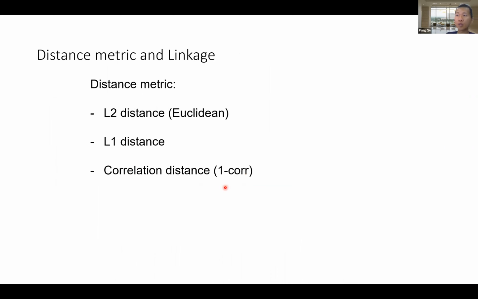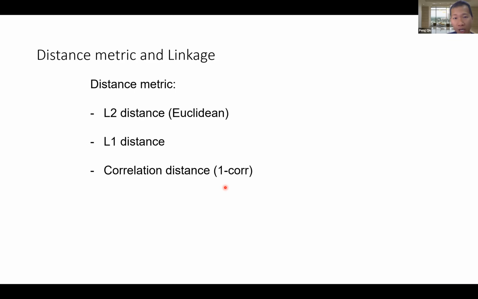In terms of what defines close and what defines far away, popular distance metrics are L2 distance, the Euclidean distance, L1 distance, sometimes called the Manhattan distance, and also the correlation distance. In your own practice, which of these distance metrics you should use really depends on your understanding of what is the more important consideration to define similarity.